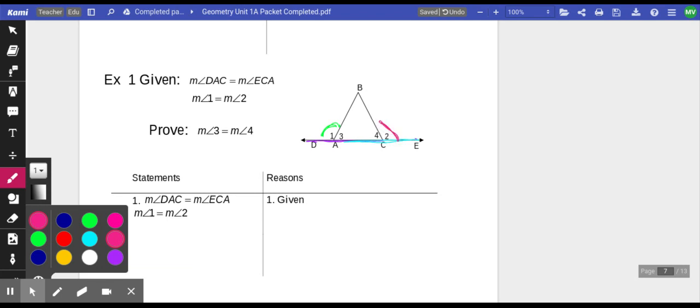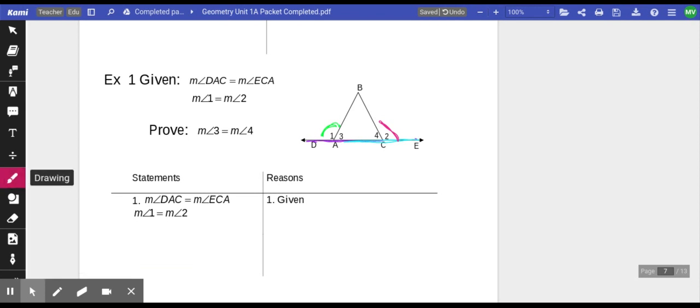What I want to think about is that if I took this purple line and subtracted that green angle, I would get angle 3. And if I took the blue line and subtracted the pink angle, I'm going to get angle 4. So that's what I want to do.